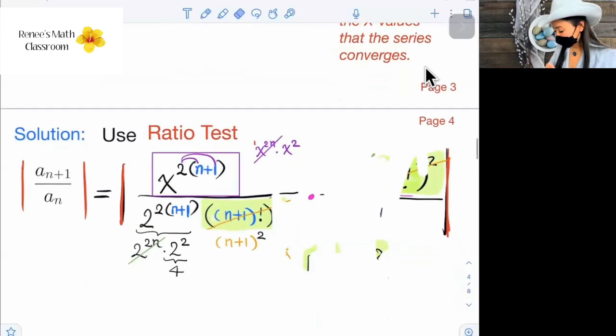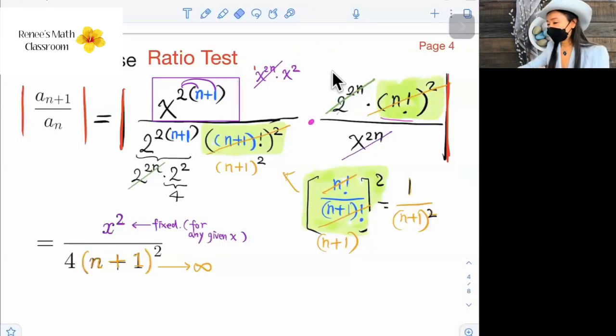Okay, so here is what I did. I did basically the same as what Wei did. Okay, so over here I distribute this 2 in here. So x to the 2n and x to the 2n here cancel. Here distributing the 2 to the 2n and 2 to the 2n here cancel, and giving you this 2 to the second power, which is 4.